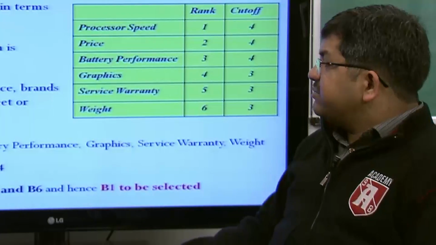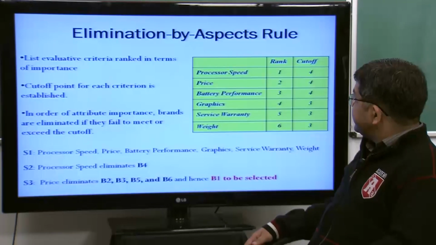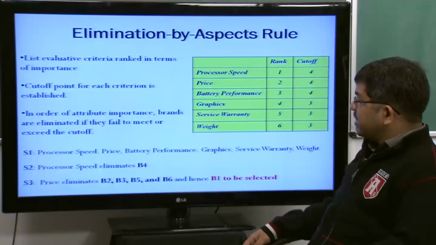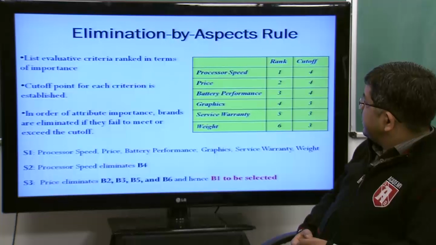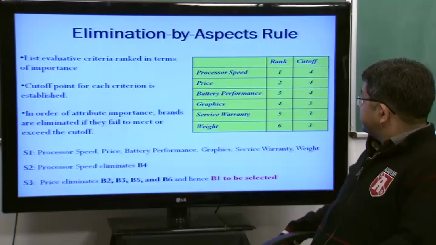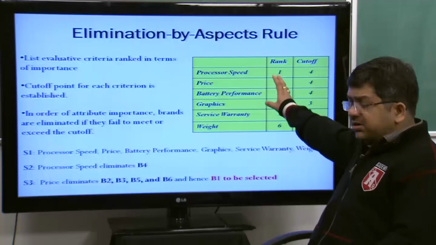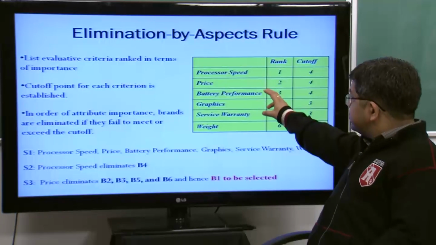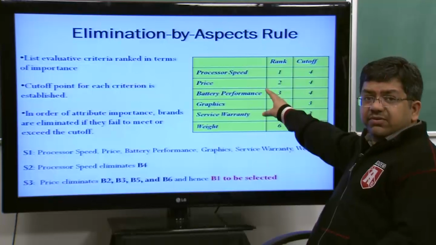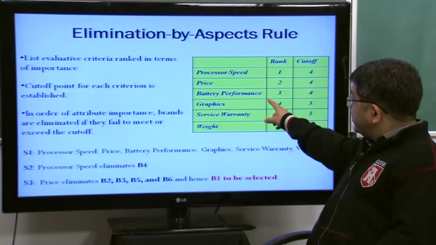Then comes the third non-compensatory rule, which is elimination by aspect. Now, this is something which you need to understand. What happens in elimination by aspect is that, based on the importance rating of the consumer, he first ranks the different attributes.